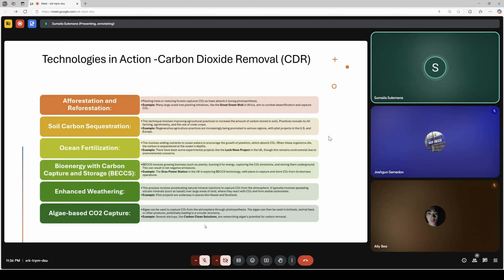When these organisms die, their carbon is sequestered at ocean depths. There have been some experimental projects like the Loch Ness project in the UK, though these remain controversial due to some environmental concerns.